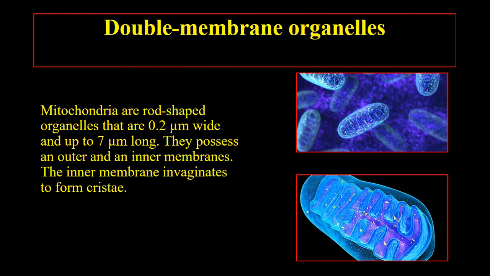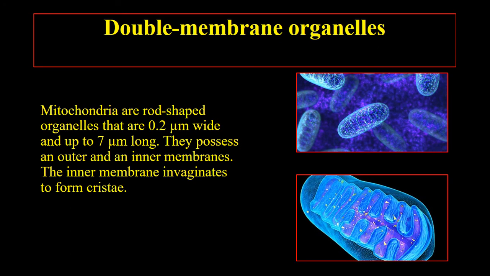And now let's talk about double membrane organelles, and we said that this type of organelles includes two main organelles. It is mitochondria and plastids. So, mitochondria are rod-shaped organelles that are 0.2 micrometers wide and up to 7 micrometers long.